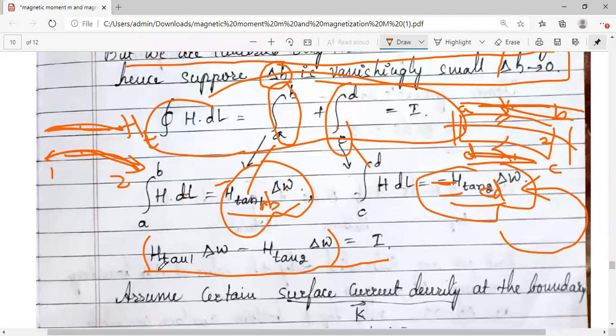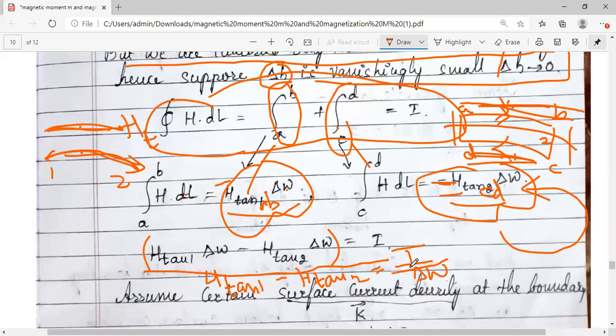What will your equation be? H tan 1 minus H tan 2, or tan AB, tan CD, is equal to current I by delta W.